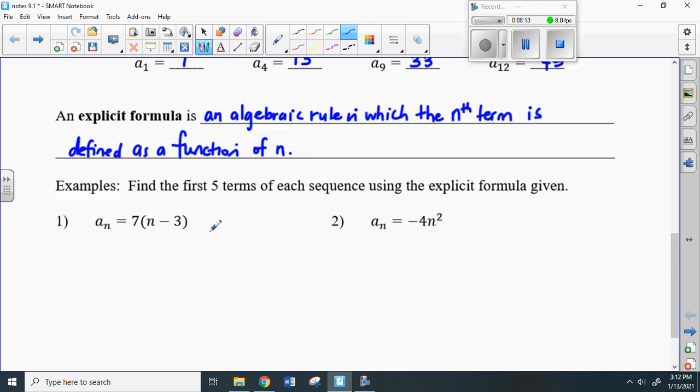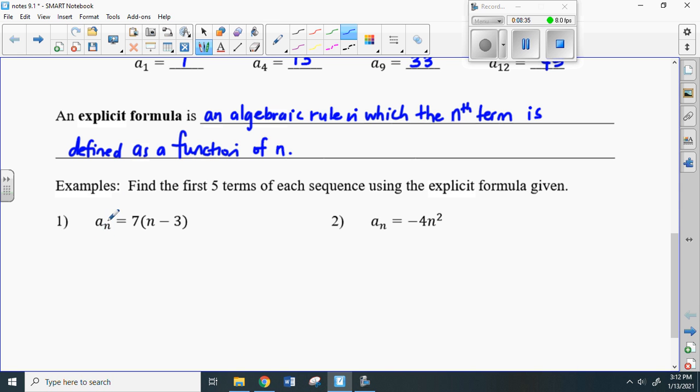All right, well, I actually have some explicit formulas here at the bottom. So when I say an algebraic rule in which the nth term, well, a sub n is how I notate the nth term. I don't know what term it is, but it can be any term I want it to be if I know what n is. So it's just the nth term.